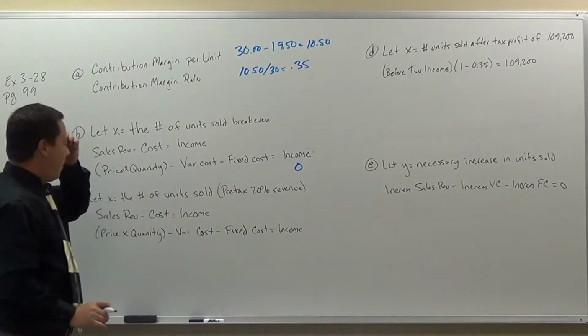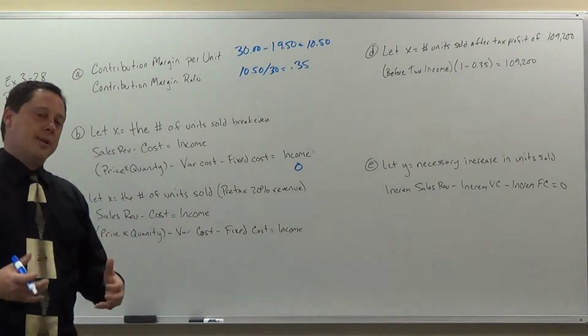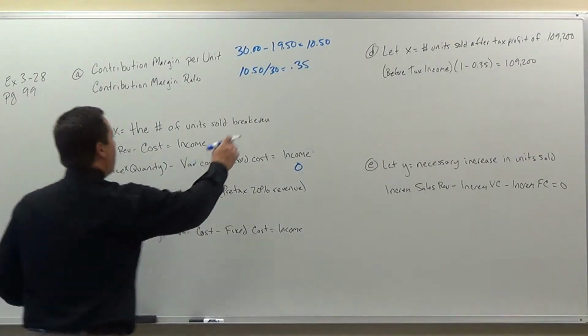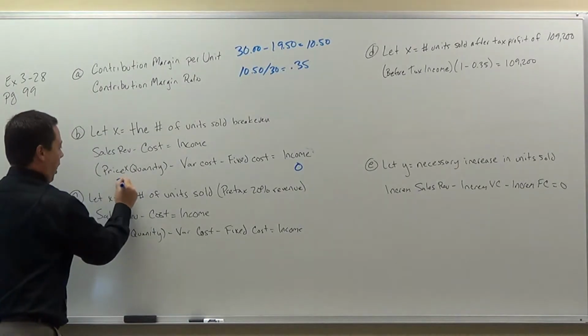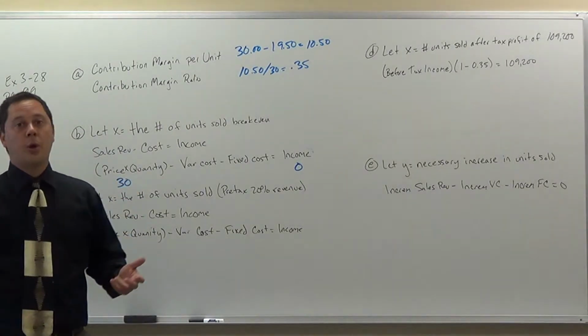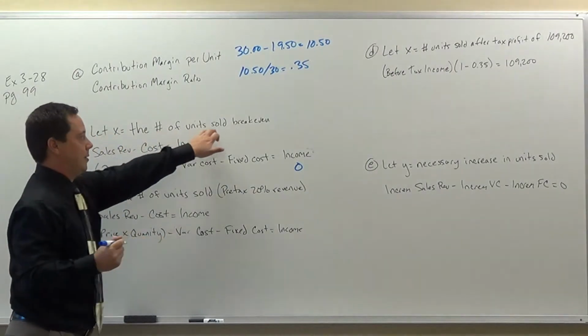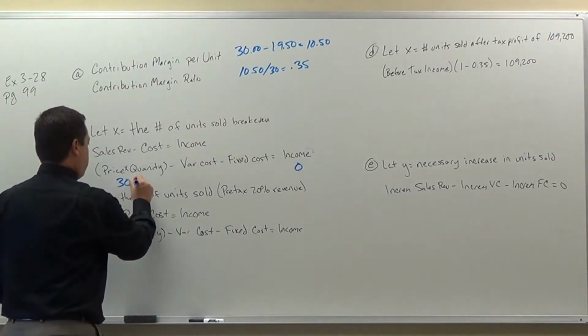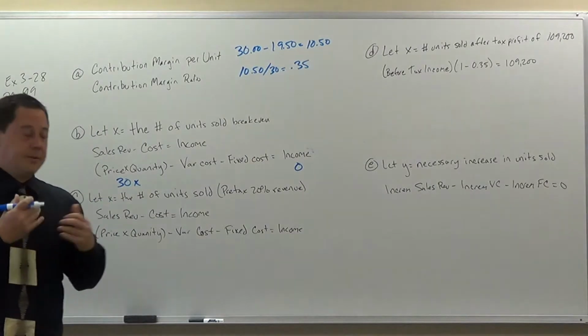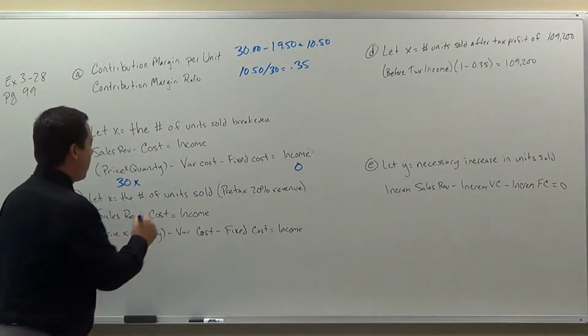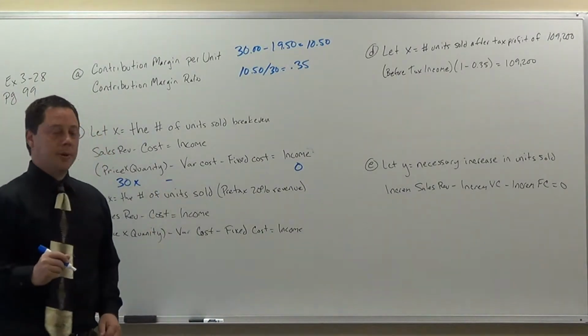All right, so now remember what the price was for the sales units, which is 30. So there's our price. Now one thing we don't know is the quantity. Since we don't know the quantity, we are going to set X, the number sold, to that. Now we have here our variable cost. We're going to take that away.